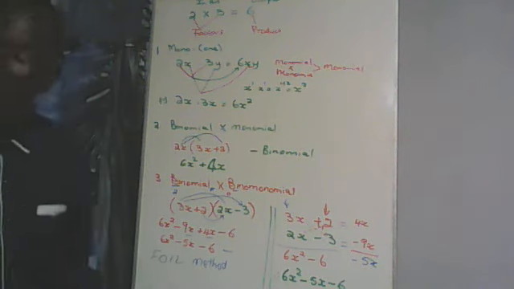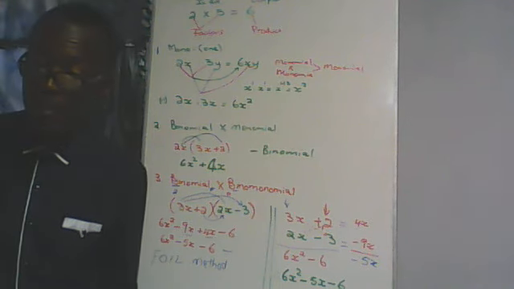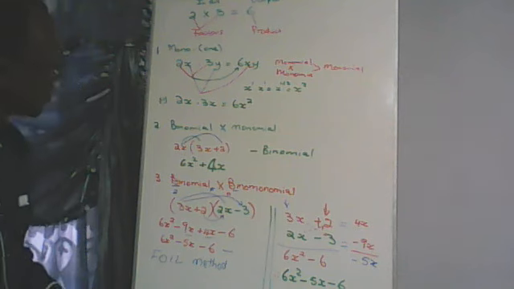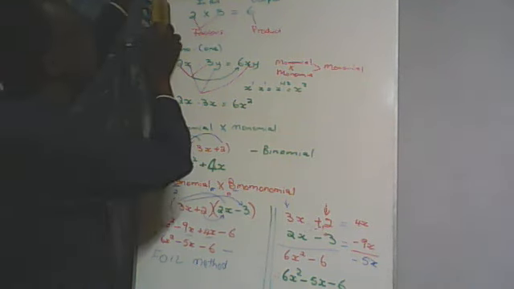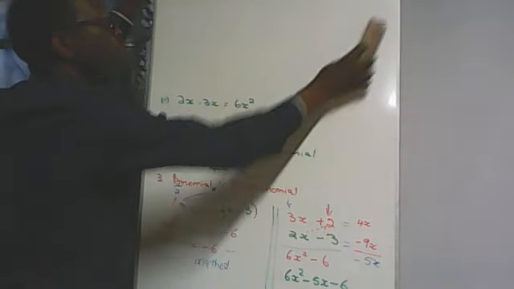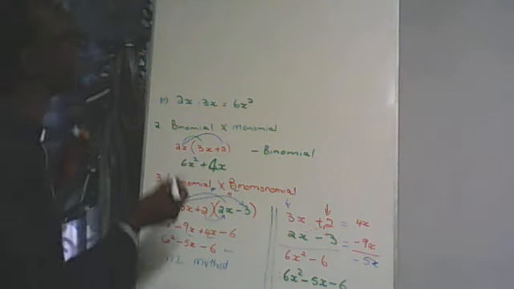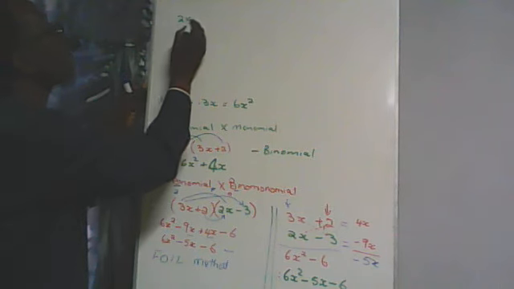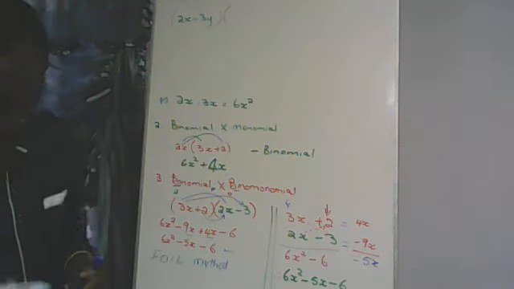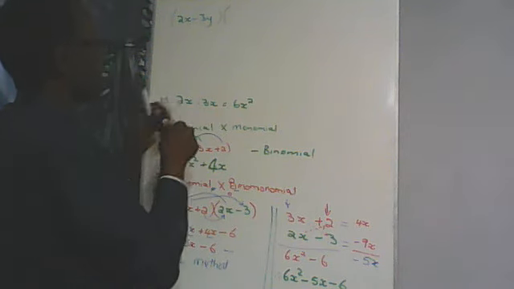So this is how we are going to make it happen. And without any ado, I just want to do the last one. I will just erase this top one and then show you how we do this. You can find a product of, say, 2x minus 3y, multiplied by a trinomial.